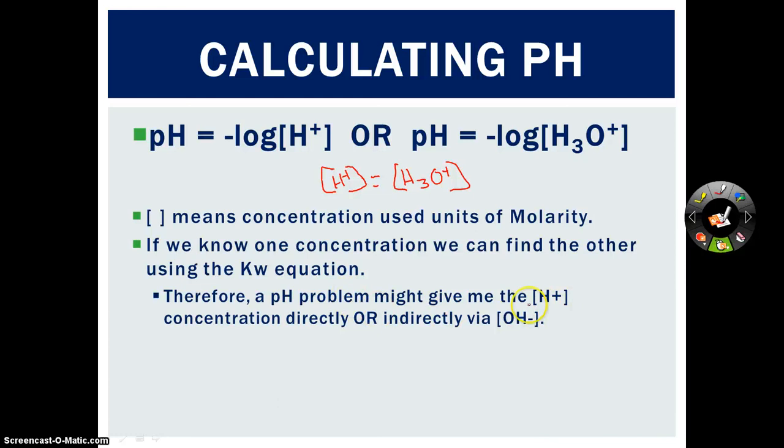Some problems will give you the H or hydronium concentration, and then you can plug in directly. Other problems will give you it indirectly via the hydroxide ion concentration. Then you need to use Kw and then plug it in.